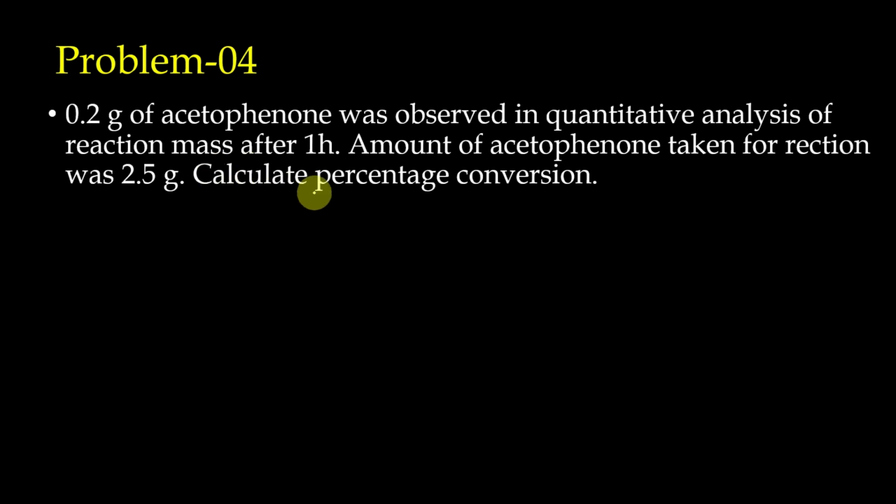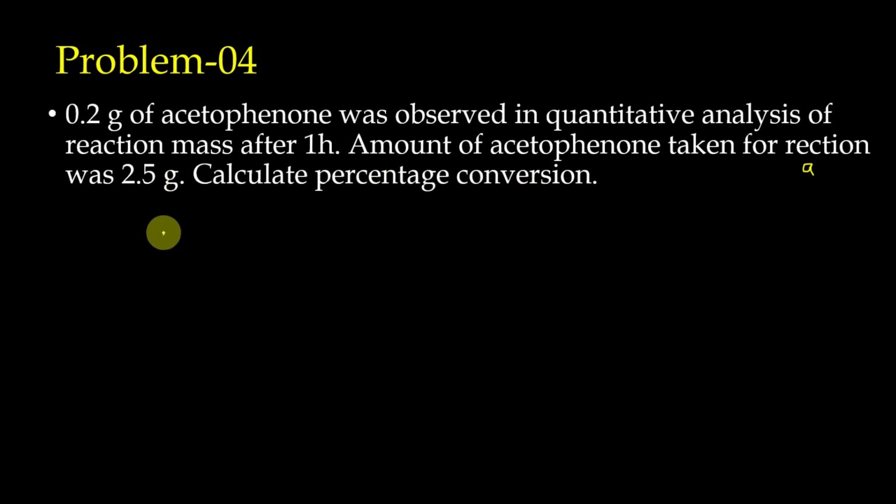Then here we will calculate conversion. So 0.2 grams of acetophenone was observed in quantitative analysis of reaction mass after 1 hour. Amount of acetophenone taken for reaction was 2.5 gram. Calculate percentage conversion.